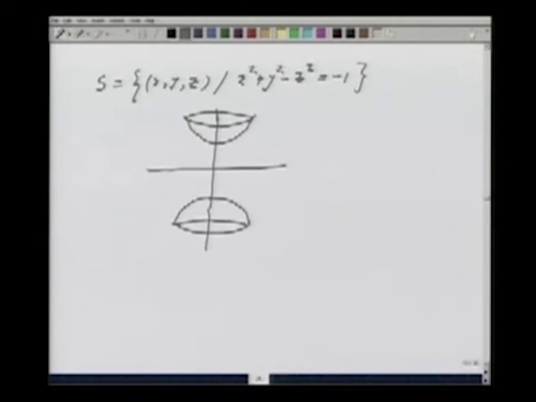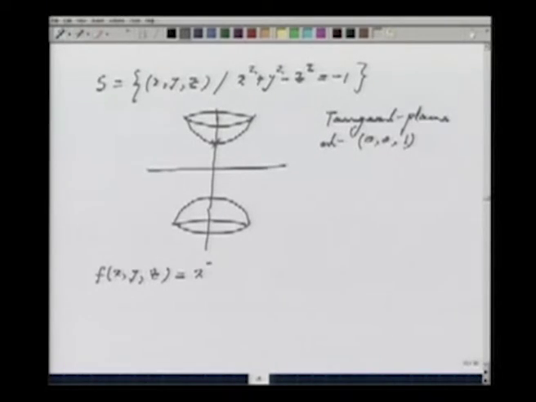Let me see whether I can find the tangent plane at the point again. I want to find the tangent plane at, let us say 0, 0, 1. That means at this point. Again you feel like the tangent plane should be z equals to 1. So let us see what is my f x, y, z now.